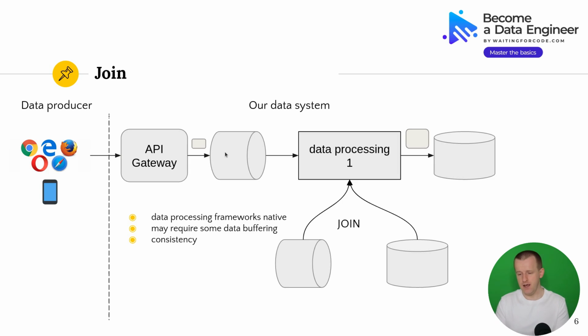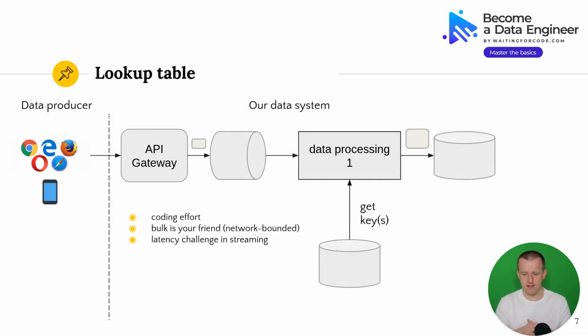So typically in one case or another, we will need some buffering in order to maximize the probability of finding matches. And of course, there is also a small drawback of consistency. For example, if our buffer is too small, we will miss some joins, and it's not always ideal. That's the reason why it's simpler to reason about this join in the context of data enrichment in terms of a static dataset.